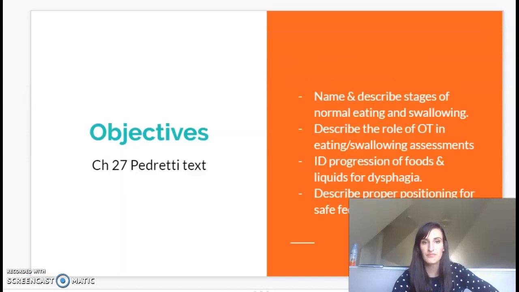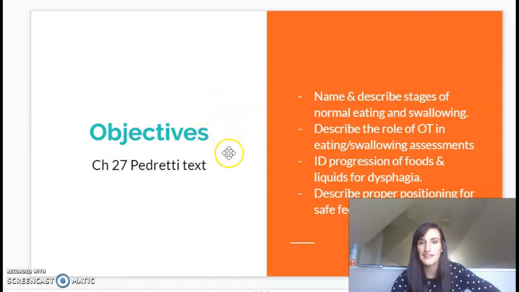Okay. So you'll see that this stuff is coming out of chapter 27 of your Pedretti text. These are the things that we're going to discuss today: to be able to know the stages of normal eating and swallowing. To determine any kind of treatment for dysfunction, you first have to know normal and typical function, right? So that's nothing new. Also, we're going to describe the role of OT in eating and swallowing assessments.